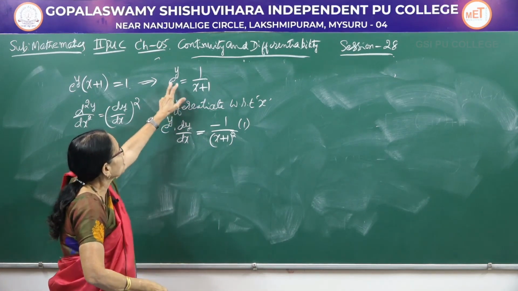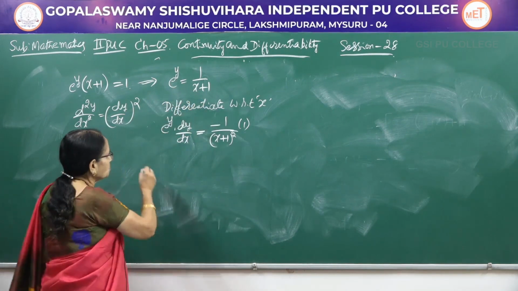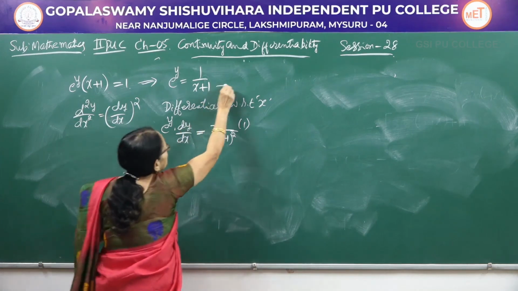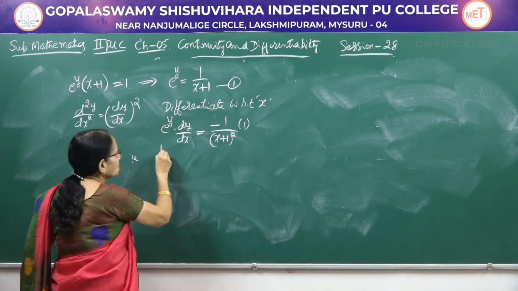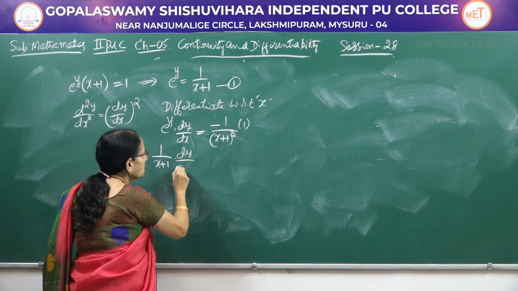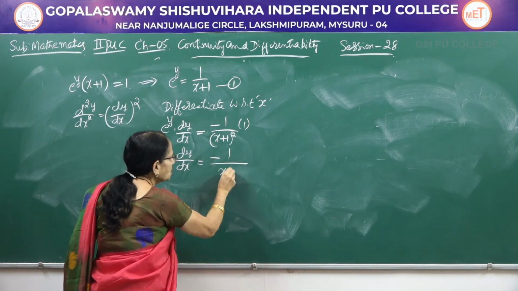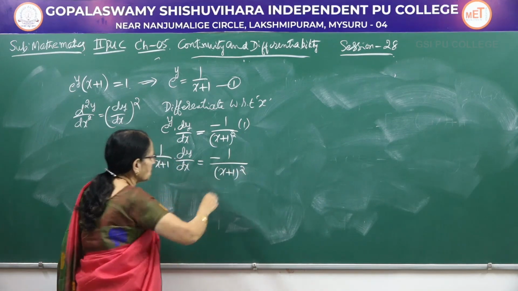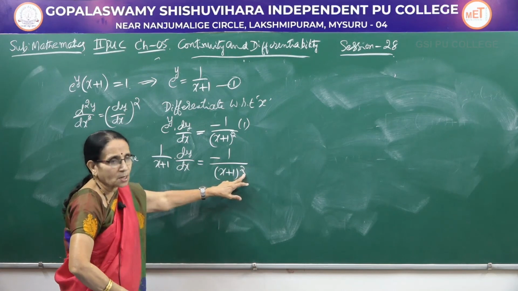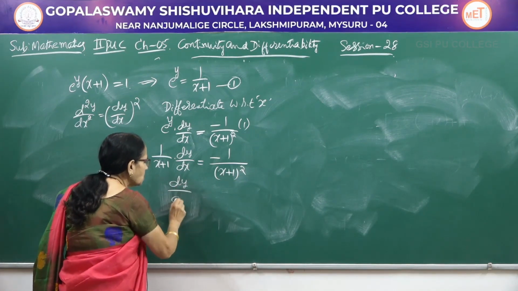Now, look here, what is e power y? It has to be replaced by 1 by x plus 1. If you want, you can give a number for this one. That is 1 over x plus 1 into dy by dx would be equal to minus 1 by x plus 1 the whole square. Here one term directly you can cancel, or if you find it difficult to follow, you can do one more step.